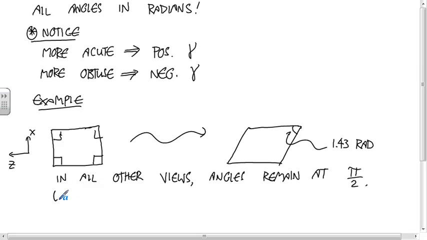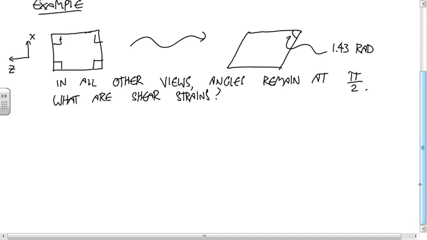So what are the shear strains? Okay, so what is the angle that matters to us?